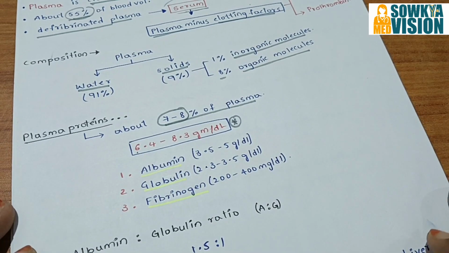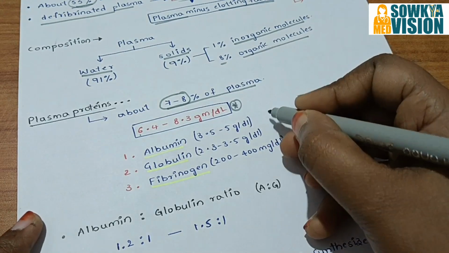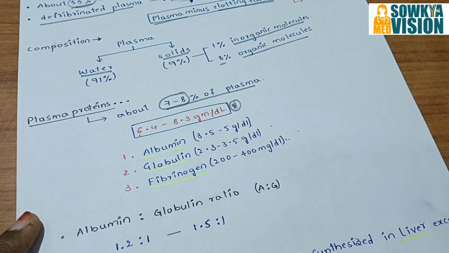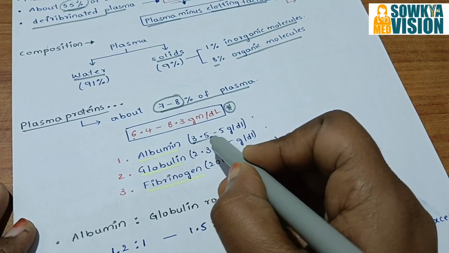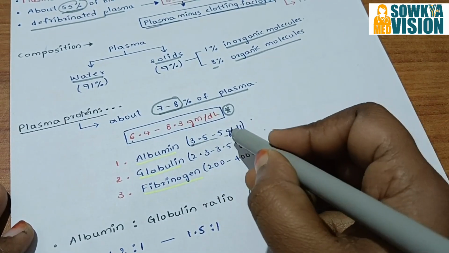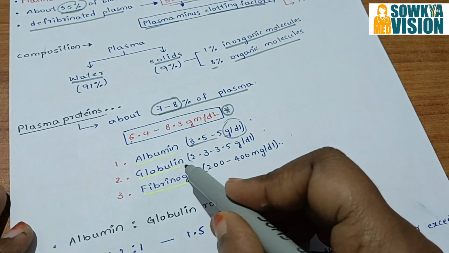Now what are the plasma proteins? There are three main plasma proteins: albumin, globulin and fibrinogen. Albumin is about 3.5 to 5 grams per deciliter. Remember the unit, you have to mention the unit along with it.